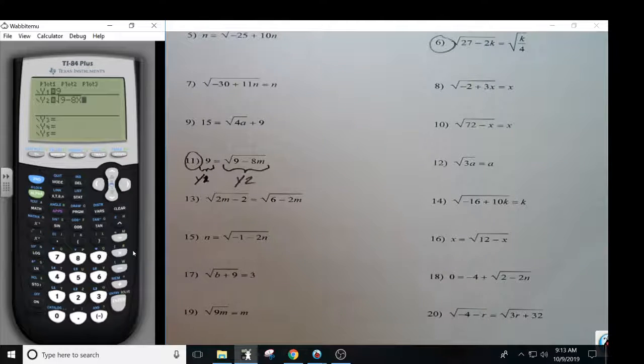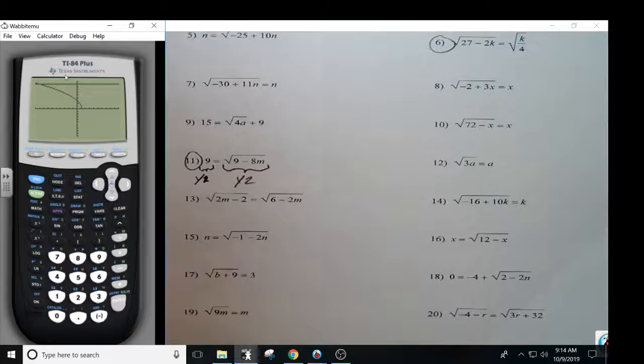Now, guys, when I graph it, my screen may look different than yours, but we're going to all get on the same screen here in a minute. I'm going to graph it. Everybody hit Zoom 6 on their calculator. Make sure we're on the same screen. Does yours look like mine?